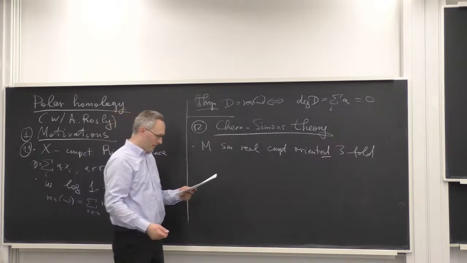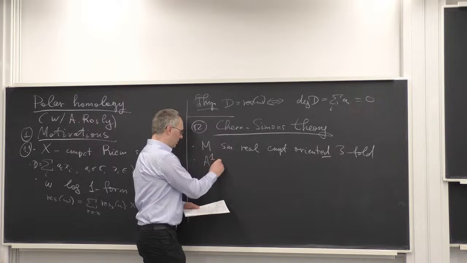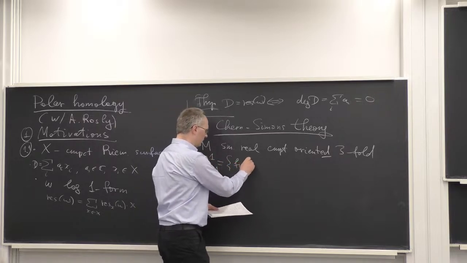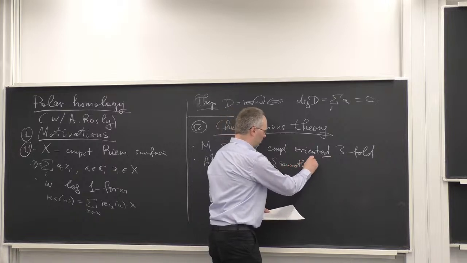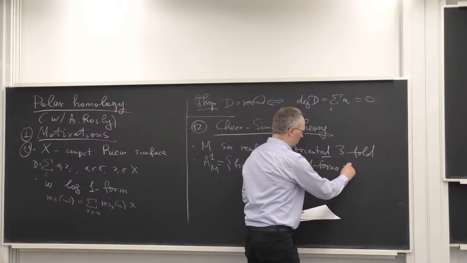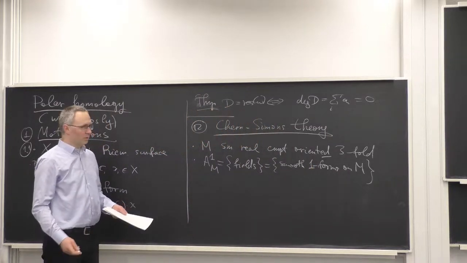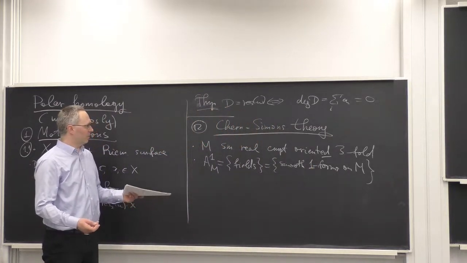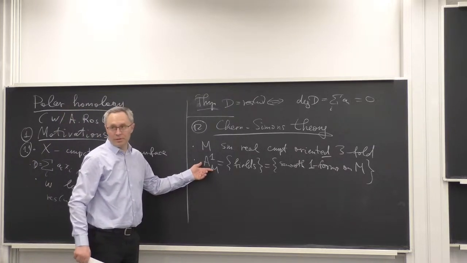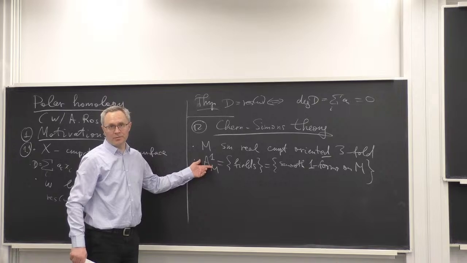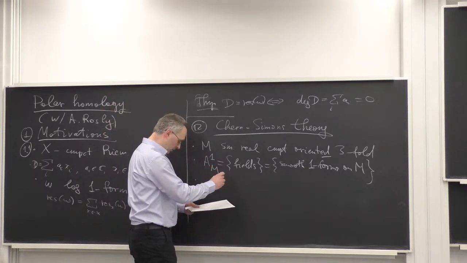So let us denote by A^1(M) the space of so-called fields, and in terms of geometry, it's just smooth one forms on M. Then, as far as I understand, a mathematical physical theory depends on which function on it we are considering. So it defines an action functional and so on. So let's consider the following action functional.